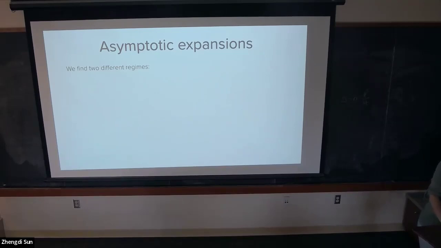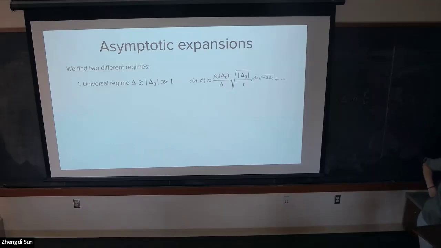Once you go through that computation, you find two different regimes. The first regime we call the universal regime, which is the same regime that showed up in this HKS condition. In that regime of parameters, the coefficients are approximated well by this expression here.